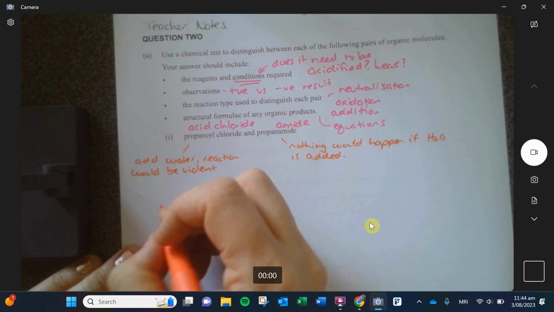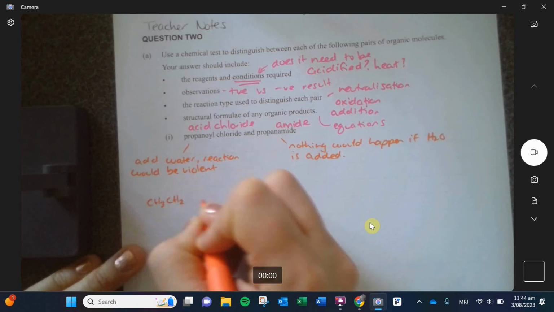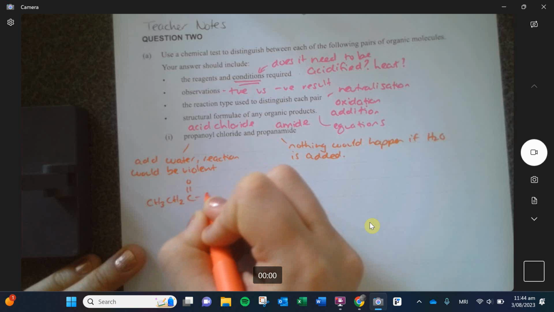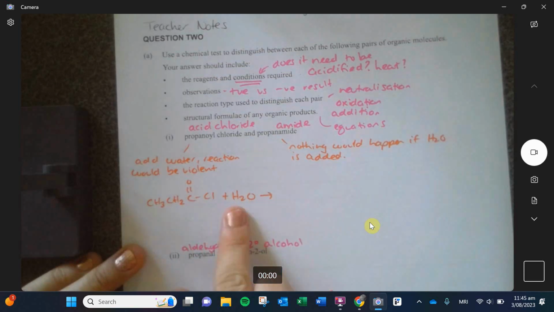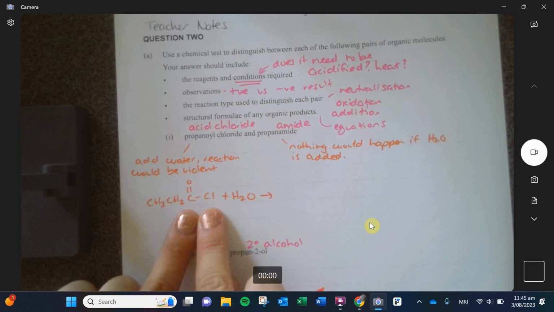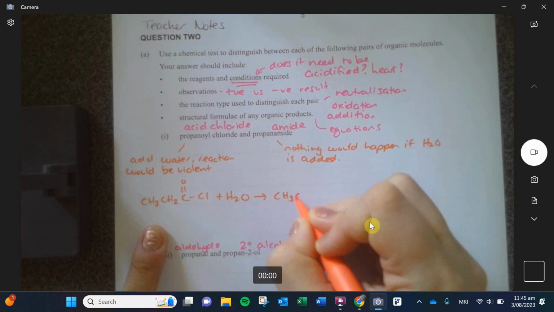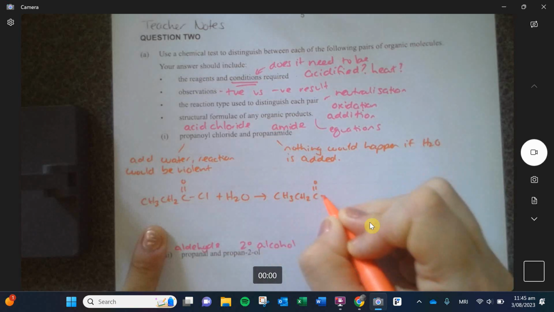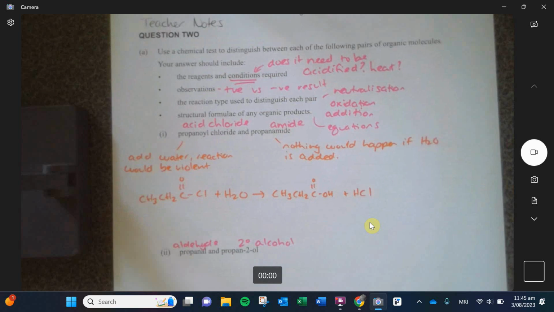So when I add an acid chloride like propanoyl chloride, CH3CH2C double bond O Cl, and I add H2O to it, what's going to happen is that the chloride is going to be removed and hydrogen is going to replace it. And then my byproduct is going to be a carboxylic acid.